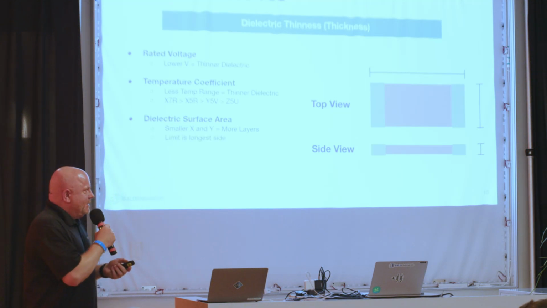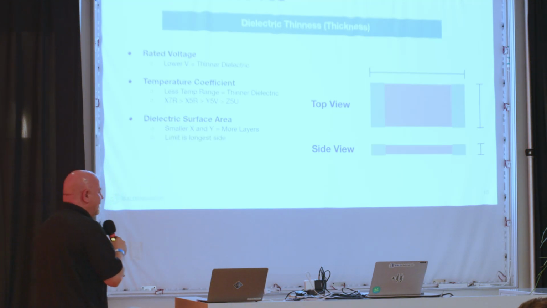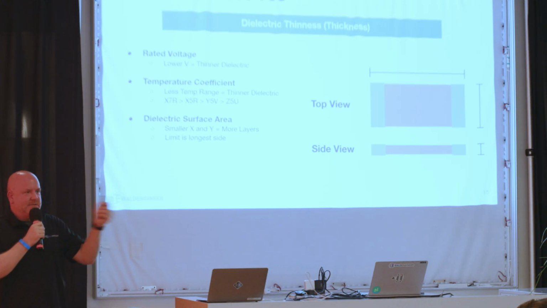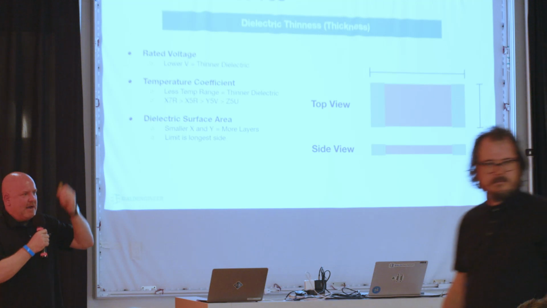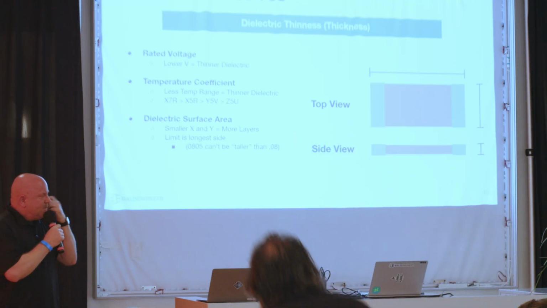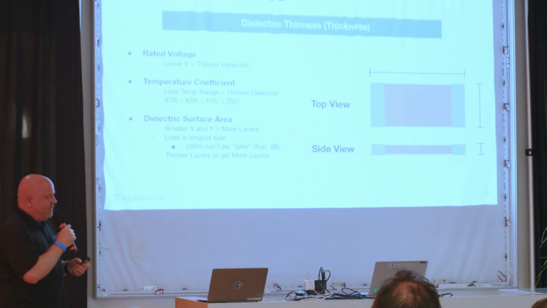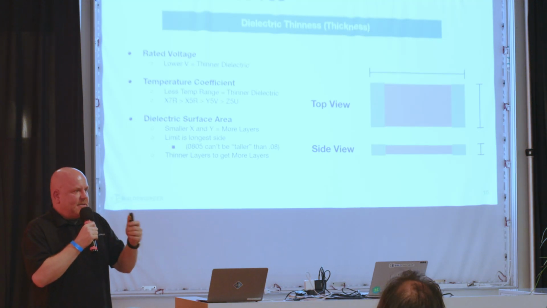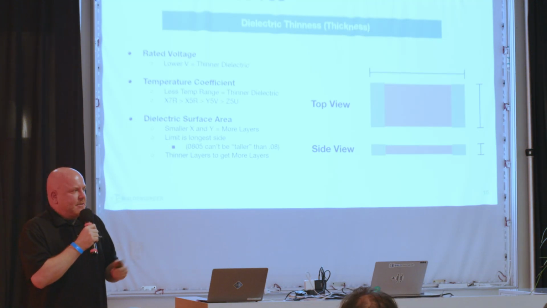The problem is you can't stack the layers higher than the part is long. That's the fundamental limit of how high you can stack a cap. And so manufacturers will start to figure out how they can reduce the thickness of the layers so that they can continue to make 1 microfarad capacitors.